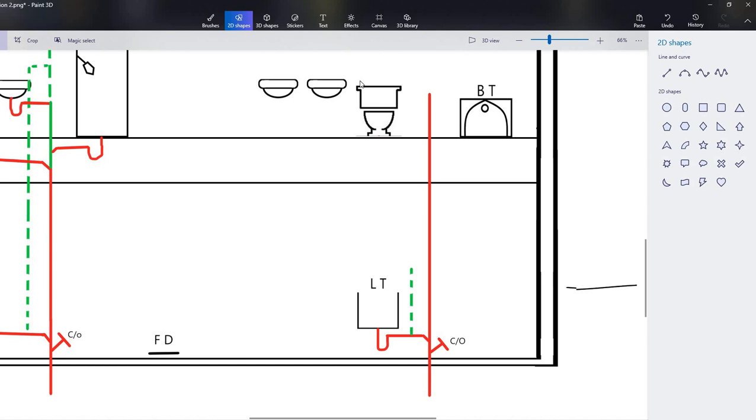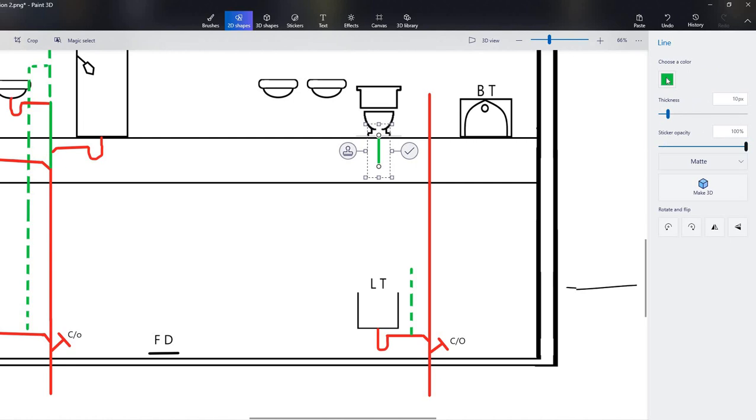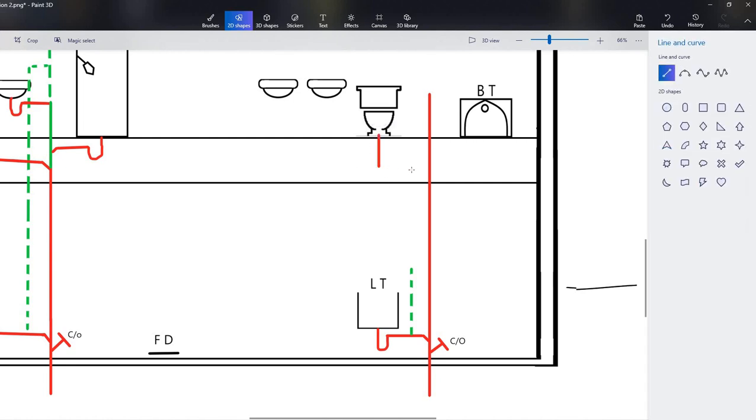So let's start with our toilet. Let's make that the lowest fixture. Like always, we will come across with our drain, turn this back to red, and bring it across like so. Perfect.